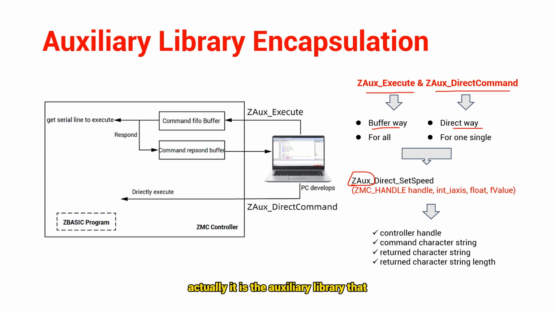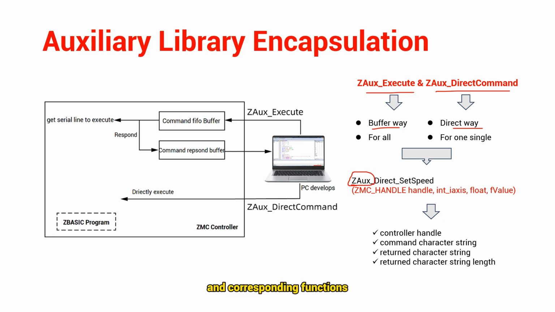Actually, it is the auxiliary library that provides encapsulation for motion and basic parameters with an open source code method. You can check our source codes for details. Therefore, the Zmotion library uses the basic commands of the above two methods to send them to the controller.